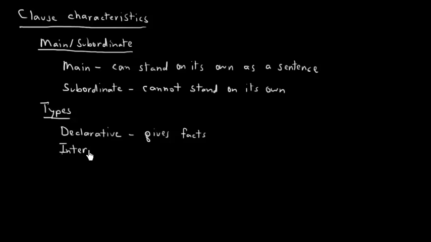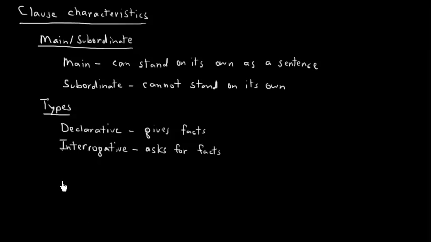Interrogative. Think interrogation, like on the cop shows. Interrogative asks for facts. And they can be something specific, like who did that, in which the answer would be somebody's name. What is that? It's asking for an explanation of what you're looking at, supposedly what you and the person you're asking are looking at.